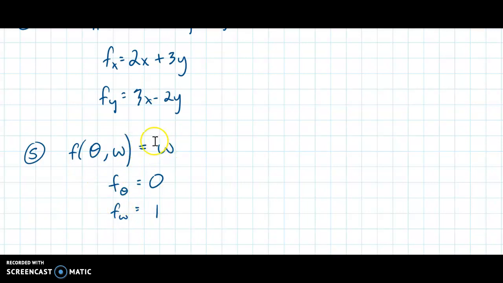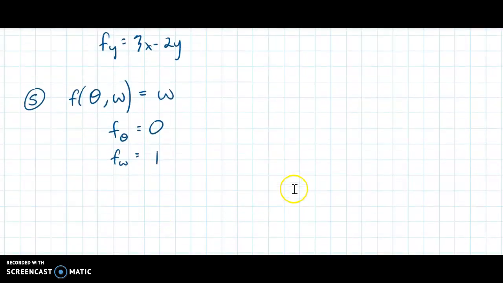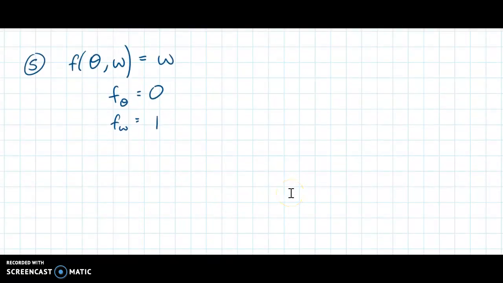Since this has a coefficient of 1 and a power of 1, when I do my power rule, I just get 1. So this, number 6, is your last one. I'm going to do f of theta comma omega is equal to minus sine of theta minus omega. So hit pause, do this one.